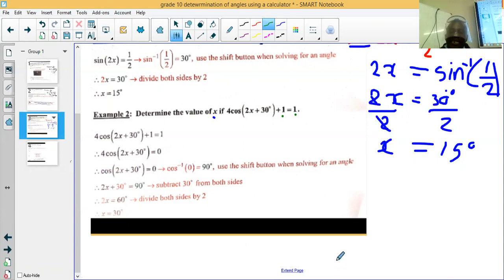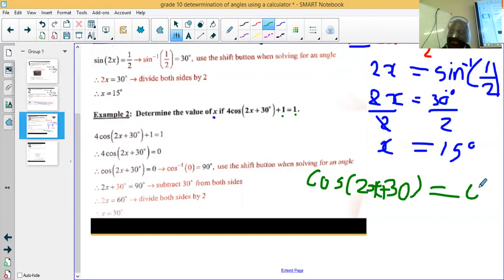The intention, let me start from here now. We are saying cosine 2x plus 30 is equal to 0.